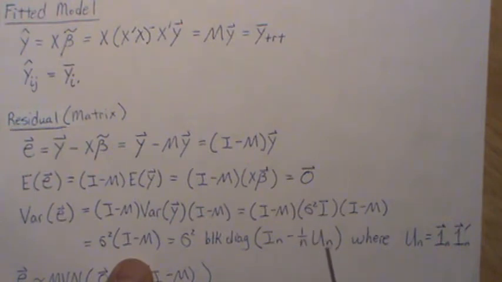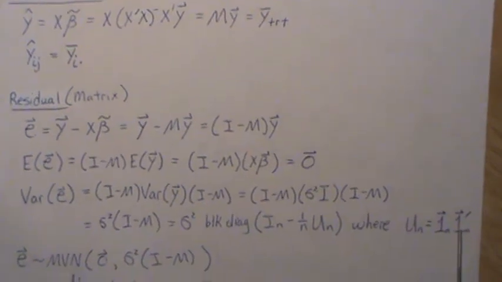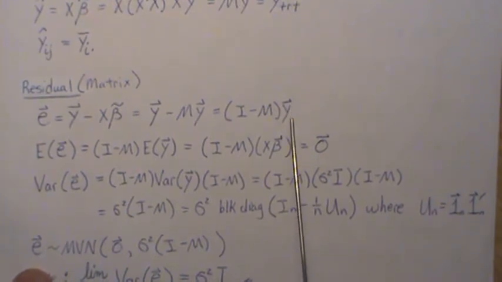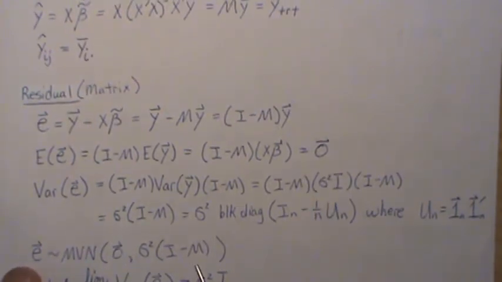But I write it like this, so you'll see what happens in a second. So we call U an n-dimensional matrix of all ones, an n by n matrix. Note that the residuals are a linear combination of the y's. The y's are normally distributed. So that means the residuals are normally distributed with mean vector 0 and variance-covariance matrix sigma squared times I minus M.